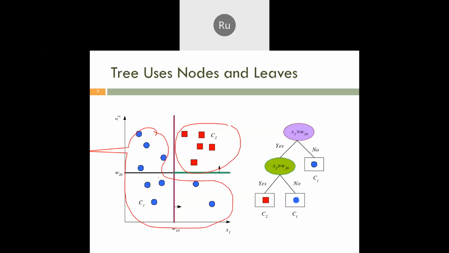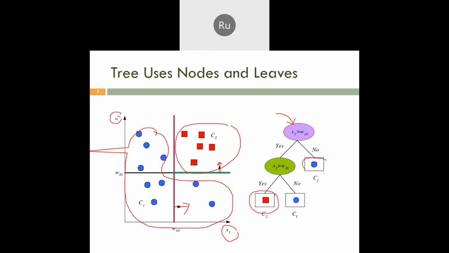Based on the distribution of the membership of your data, we can construct the tree saying that if x1 is greater than w10, and if x2 is greater than w20, then we say that they belong to class number 2.